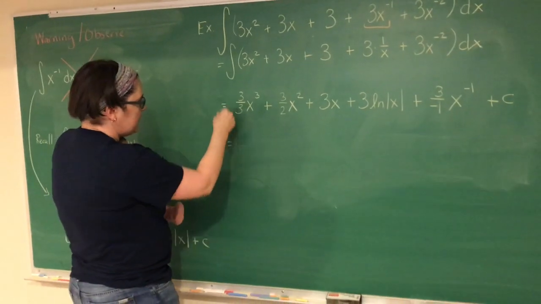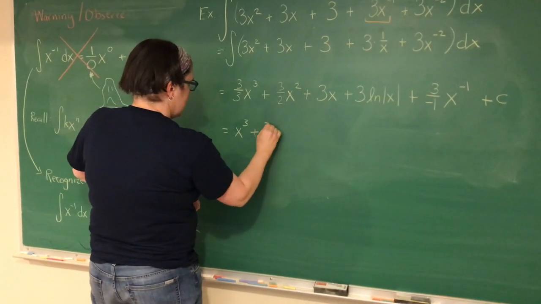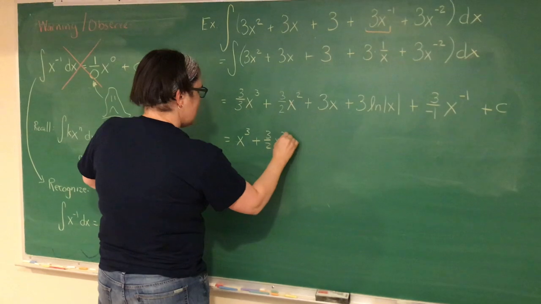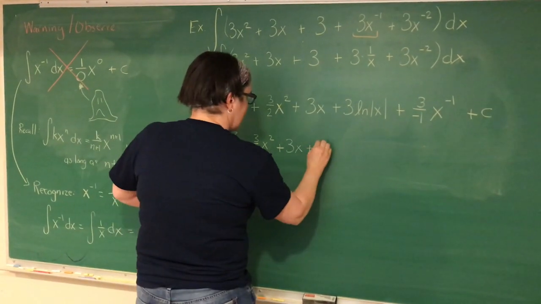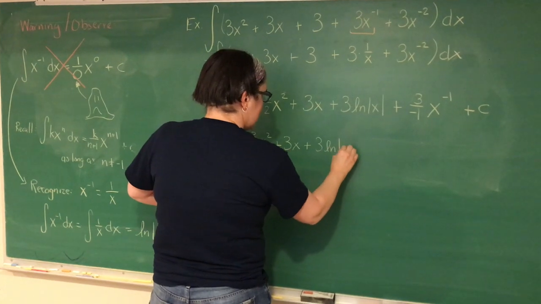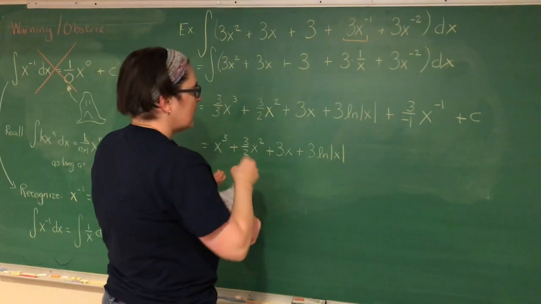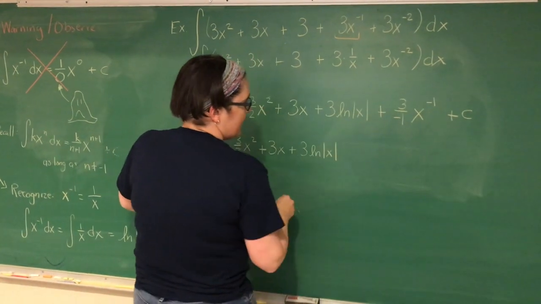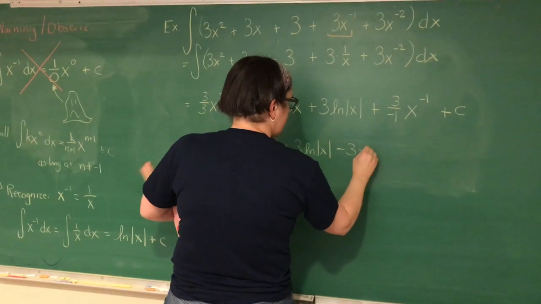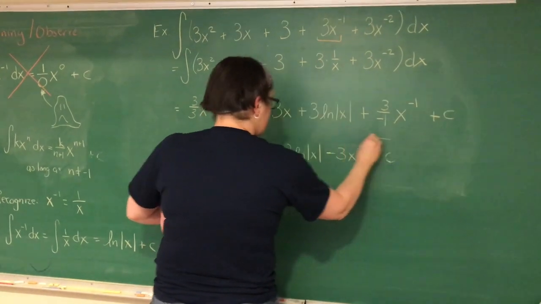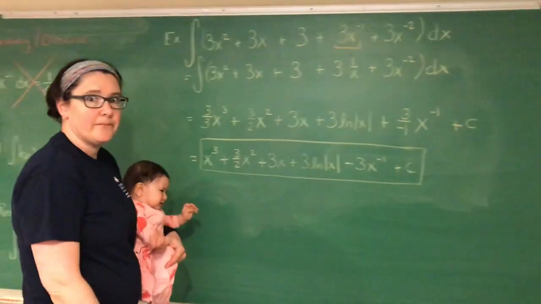Maybe I'll clean up a few of the terms. 3 over 3 is 1, so we have x to the third plus 3 halves x squared plus 3x plus 3 times the natural log of x. 3 divided by negative 1 is negative 3, so I have minus 3x to the negative 1 plus c, and so this is my final answer.